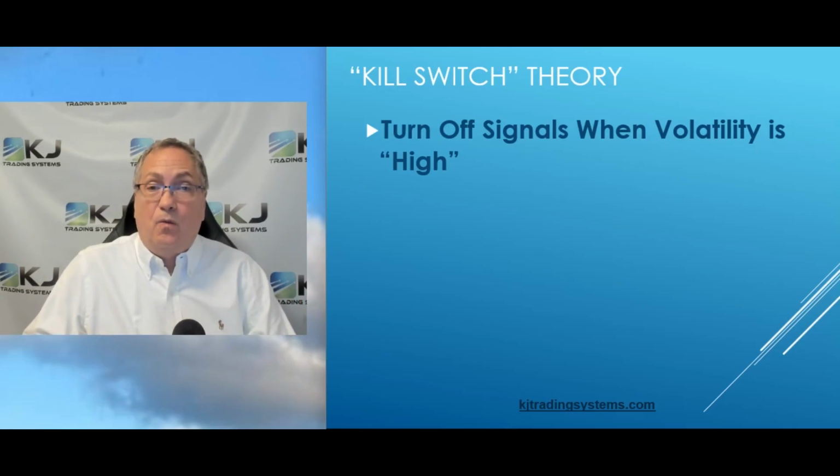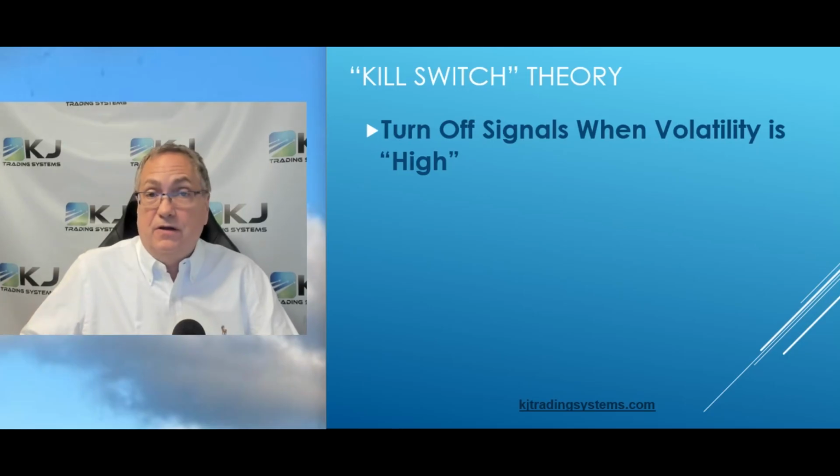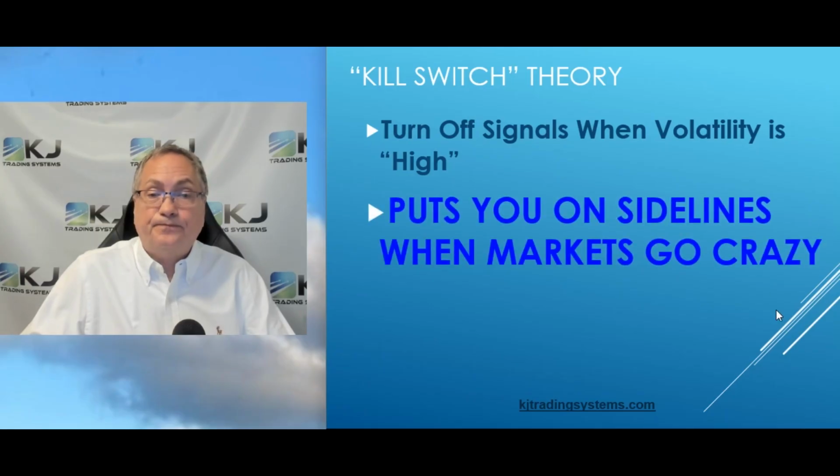And what that would entail is you code a kill switch in your strategy. So for example, you could turn off signals when the volatility is high. Now you could also do this to turn off signals when the volatility is low if you'd rather do that. But for this, I'm just going to turn off the signals when the volatility is high.